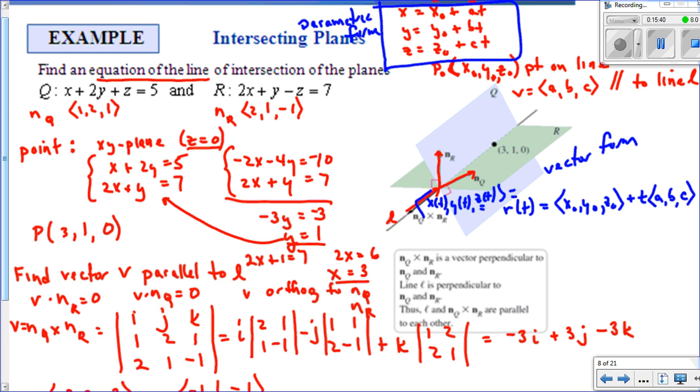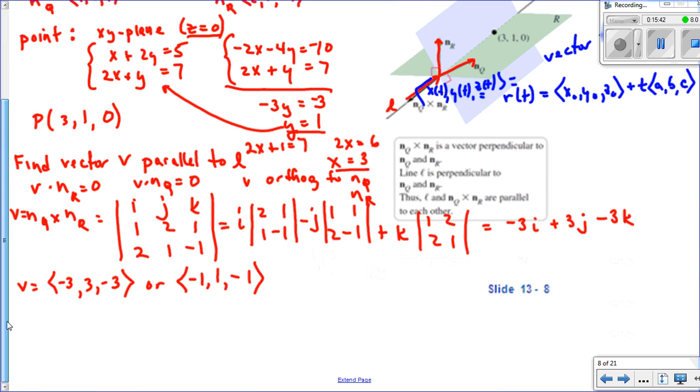So writing the equation of the line, we have R of t, the x naught, y naught, z naught is 3, 1, 0 plus t times -3, 3, -3.